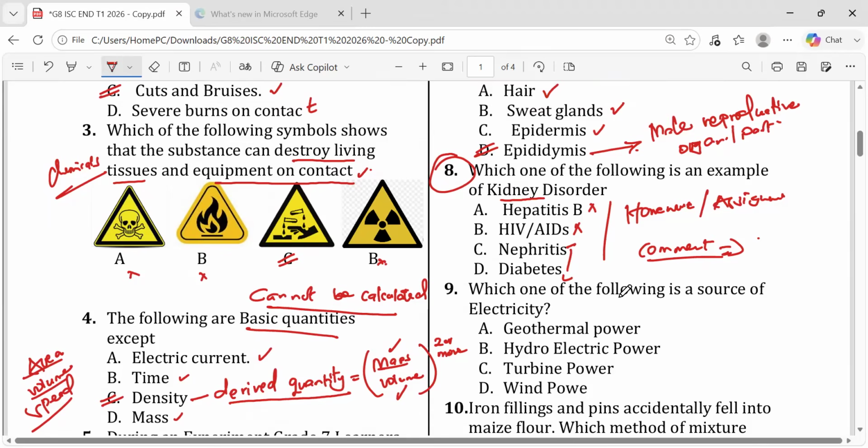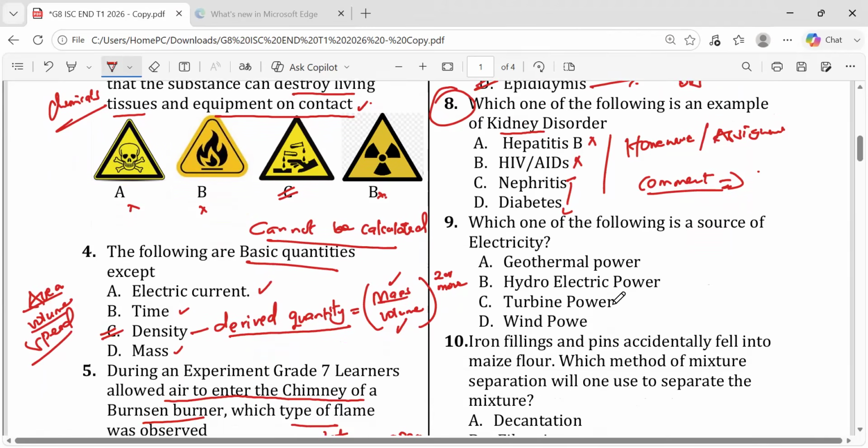Which one of the following is a source of electricity? We know that electricity is produced by very many sources. We have geothermal power, hydroelectric power, turbine power, wind power. All of them are sources.